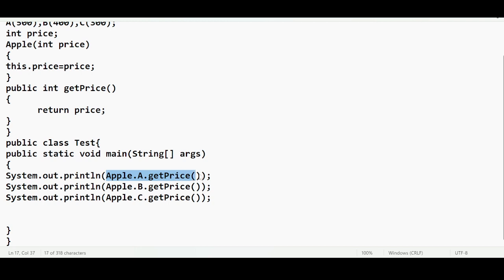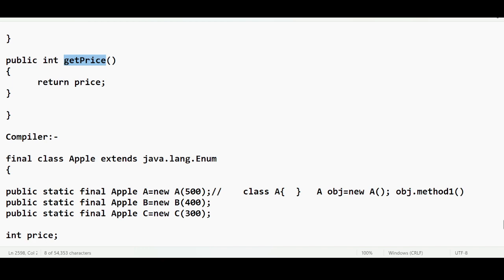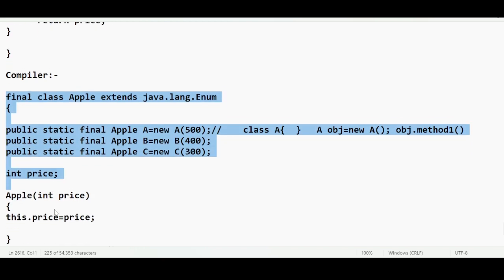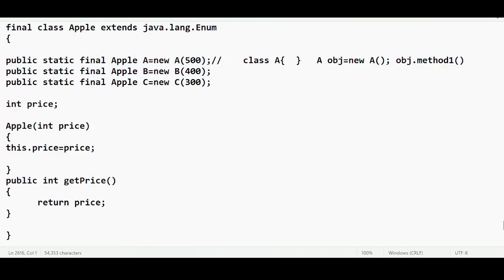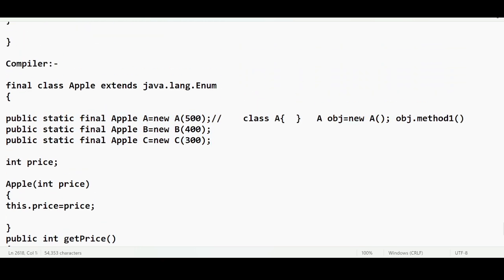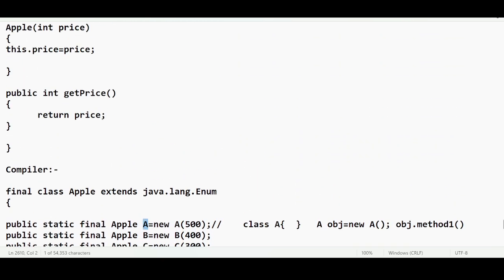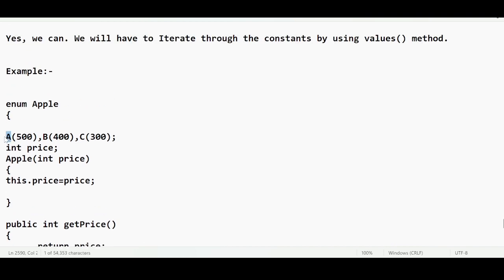To understand this accessing, I have explained this internal representation. If you go through it, you will definitely get this. Internally, this conversion is happening by using the internal object reference. What is actually happening here? You are declaring A, B, and C as constants, but these have variable values, and we are using a constructor for those values. Since we are dealing with constants, in this context they can be treated as object references.